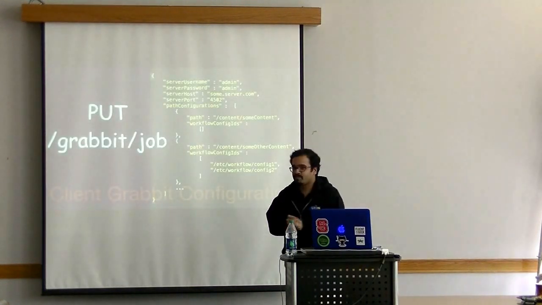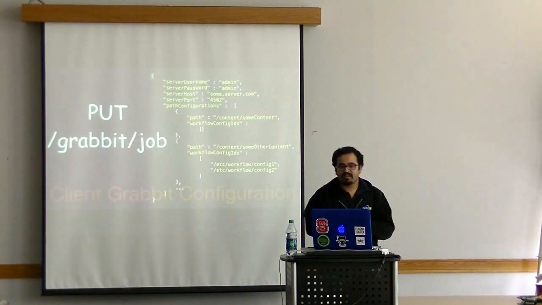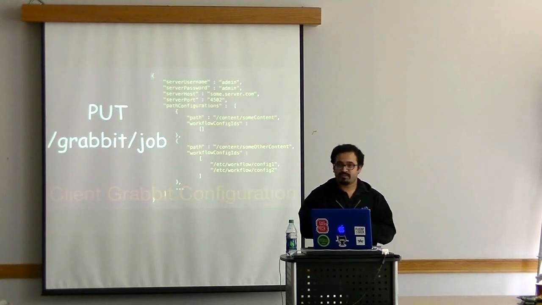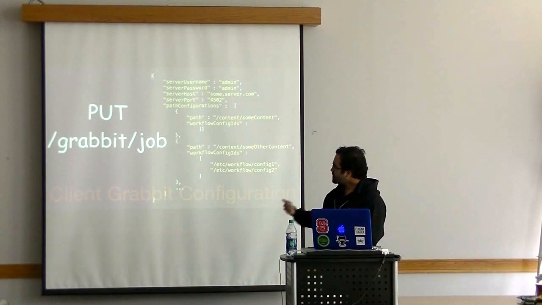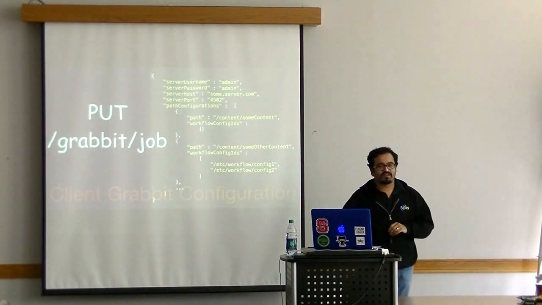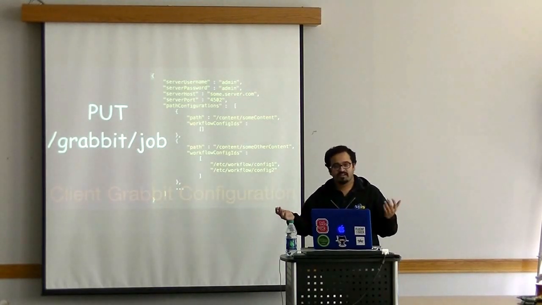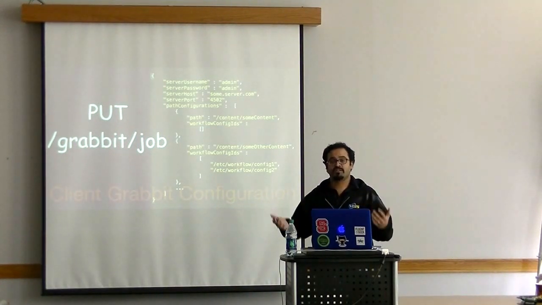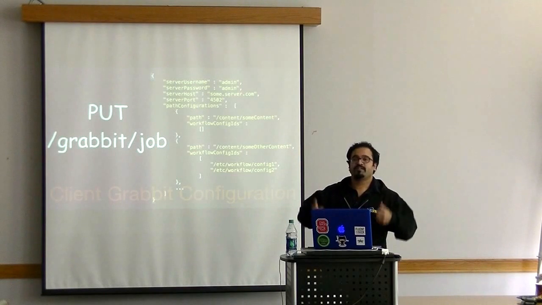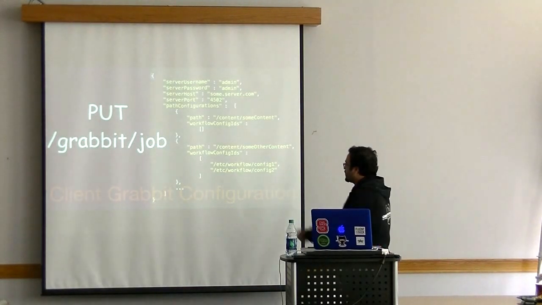How does that actually happen? I mentioned that there are 2 flavors of Grabbit based on how you trigger things. It will be either a client or a server. That takes us to the RESTful, or semantic, design, the convention of how things are triggered in Grabbit. So this is the example.